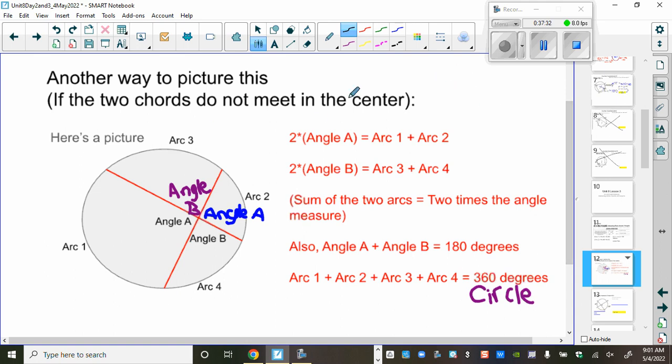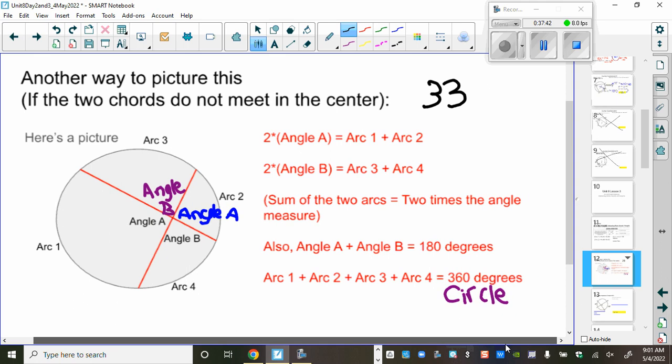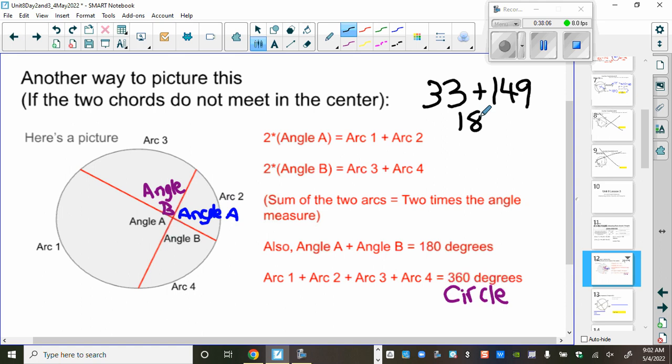Okay, that's one of them. I need another odd number. 149? All right, that works. If we add those two numbers up, 33 and 149, what do you get? Okay, 182. So let's say that's the sum of your two arcs.